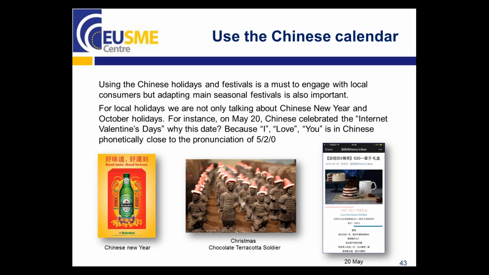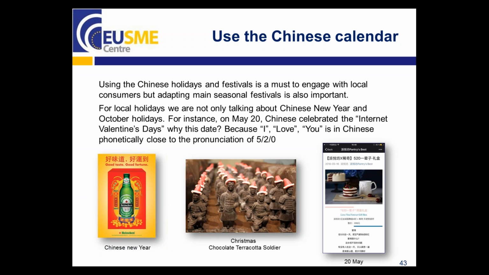In China, they are celebrating our European festivals like Christmas and Easter, and even American ones like Halloween. But again, adapting yourself to the culture means that you have to adapt your visuals. You can see Heineken on the left-hand side with the Chinese New Year visual. It's the red background you see.